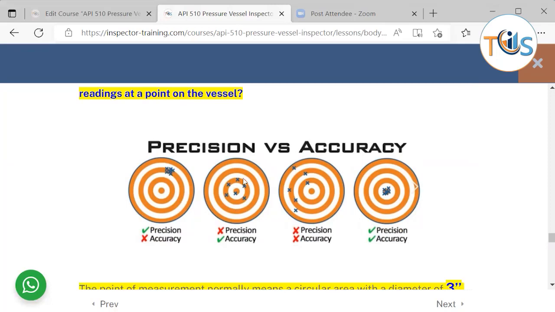On the second figure, you see the readings are all over the place, but they are almost around the readings that you expect them to be. So here it's accurate, but you don't have precision. And here it's all over the place. It's neither accurate nor precise. And when everything is together, there is not much variance, so it's not only accurate, but also precise.